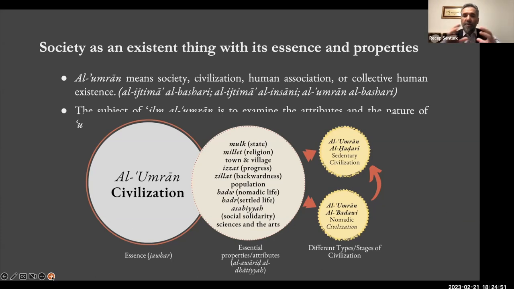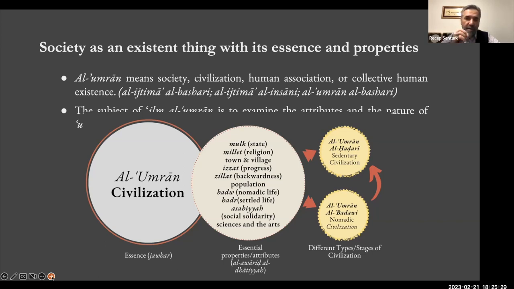He says these are all synonymous, and that al-madaniya is used by philosophers like Farabi, Ibn Sina, Ibn Rushd, and al-ijtima al-bashari, al-ijtima al-insani are used by fuqaha and mutakallimun, and he says I am using Umran. So Umran is al-ijtima al-bashari. That's why I translate Ilm al-Umran as science of society.